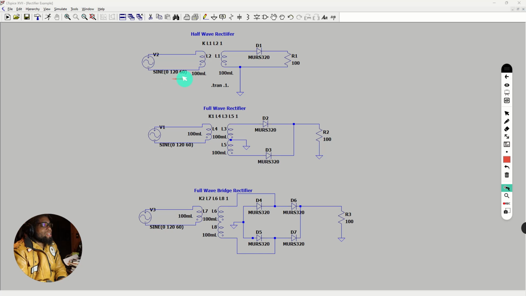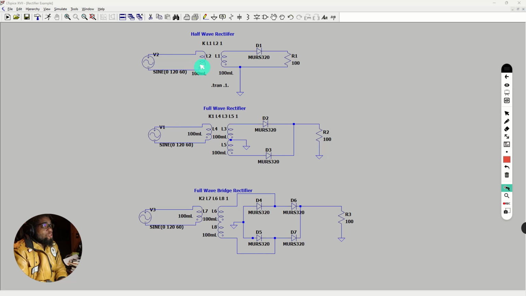You see here where it says sine, so it's a sine wave that's coming out at 120 volts and 60 hertz. All of them are set the same. Why do we have it set like that? Because, of course, in North America, that's what we get out of our walls, so that's what we're used to using as far as AC. Okay?